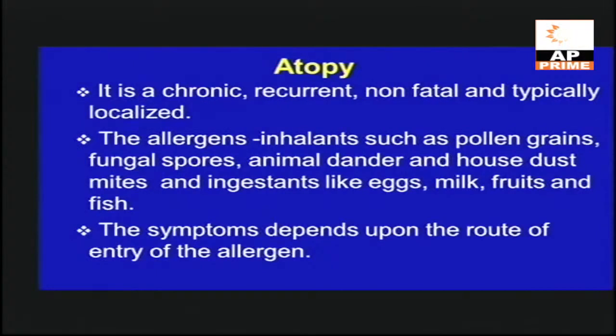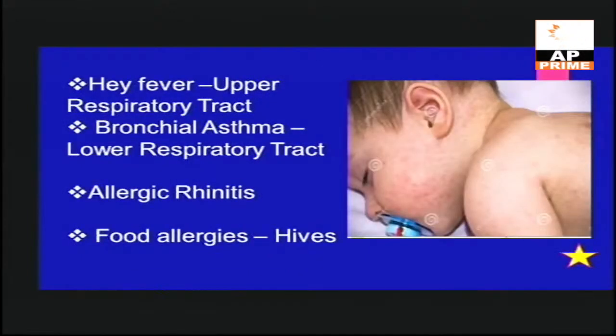And the symptoms, as I have already told, depend upon the route of entry of the allergen. So the most common examples of atopic reactions include hay fever, bronchial asthma, allergic rhinitis, and food allergies.